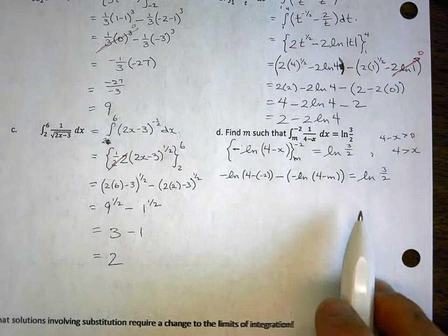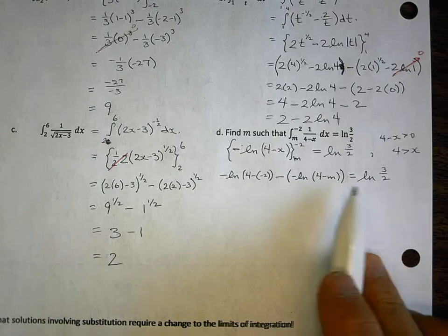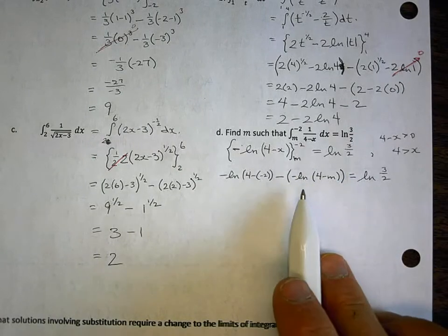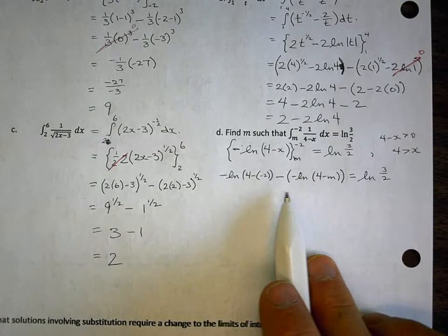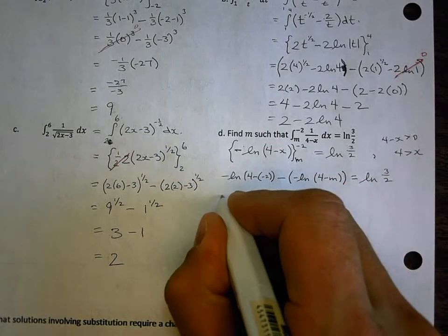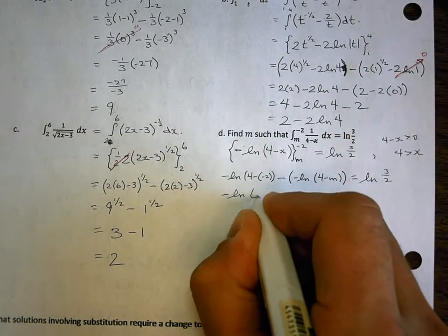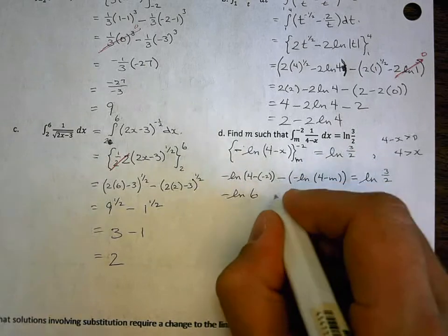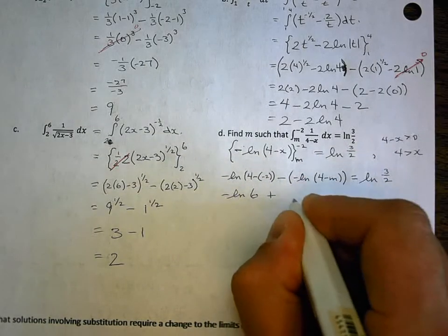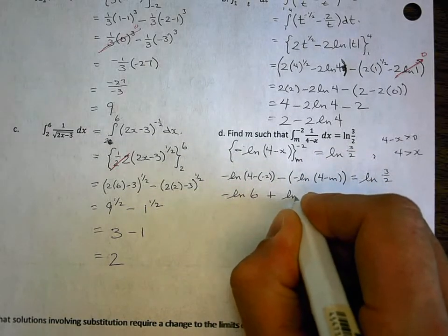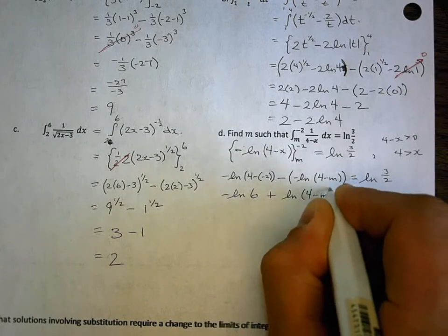Okay, so now this is no longer a calculus problem. All the calculus has been done. Now this is an exponents and logarithms question. Well, let me clean it up a bit. This is going to become negative ln 6. The negative is going to become plus ln 4 minus m.